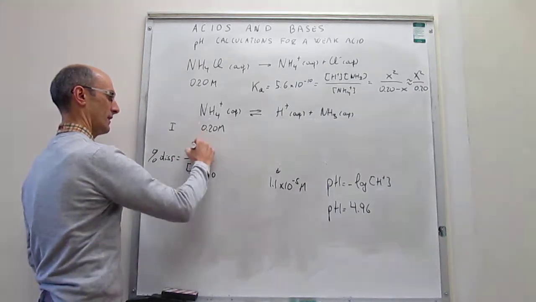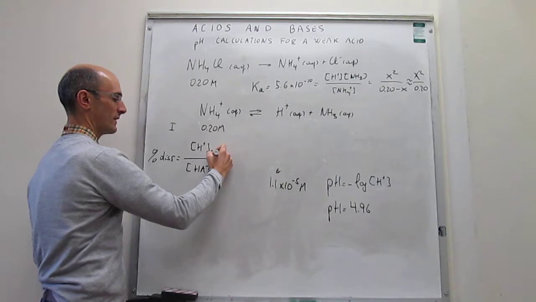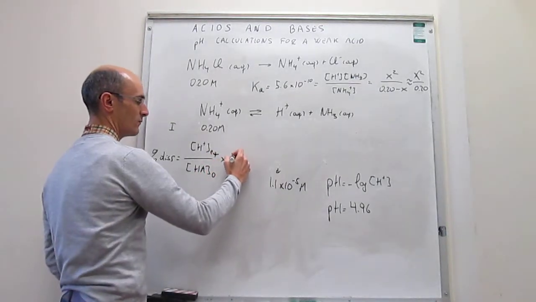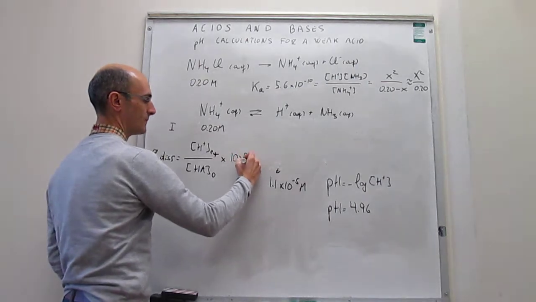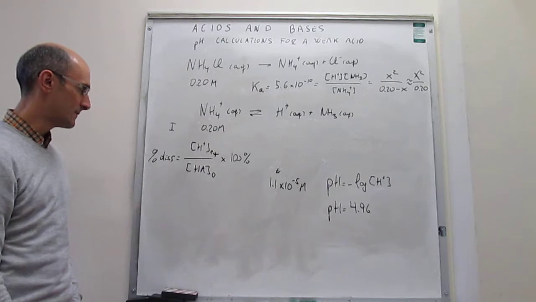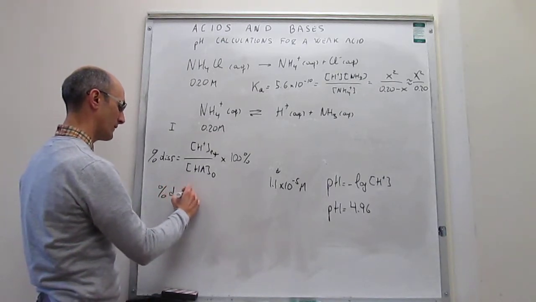So in essence, what you're doing is simply calculating the concentration of protons at equilibrium, dividing that over the initial concentration that you had, and then you multiply by 100%, and that will be the percent dissociation of that weak acid. We can do this for the current problem, because we have all of the data.